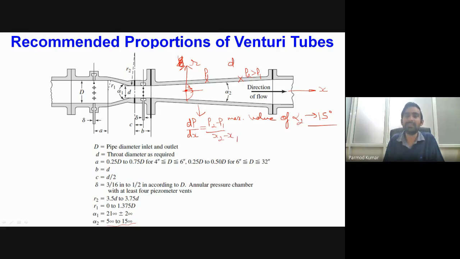Here x2 is greater than x1 and P2 is also greater than P1. So we have a positive pressure gradient in this divergence section. When a positive pressure gradient exists along the direction of the flow, it is referred to as the situation of adverse pressure gradient.